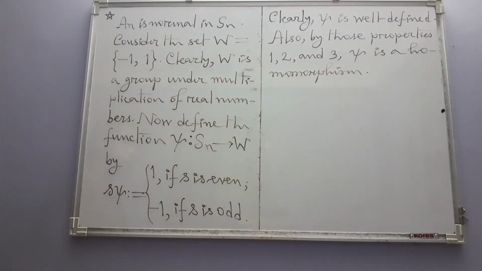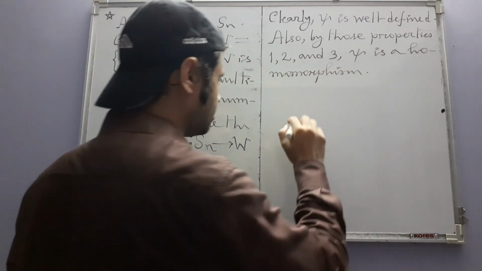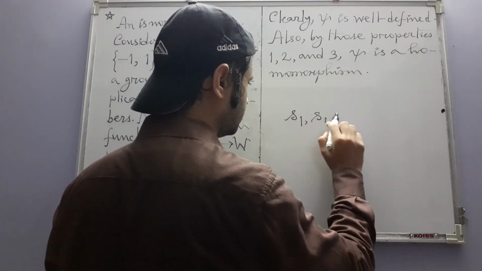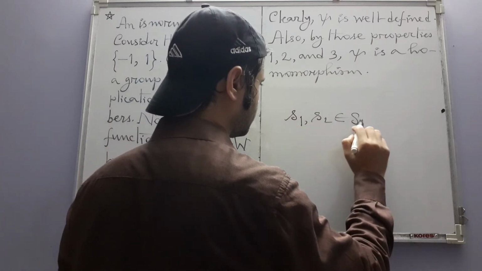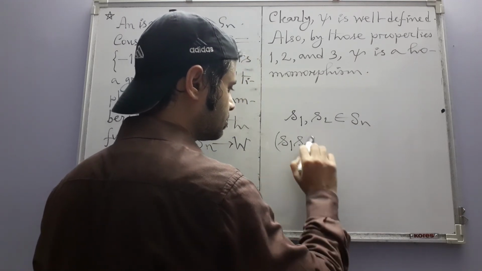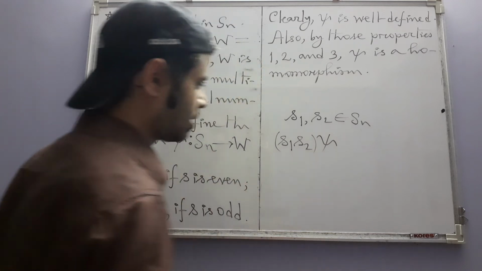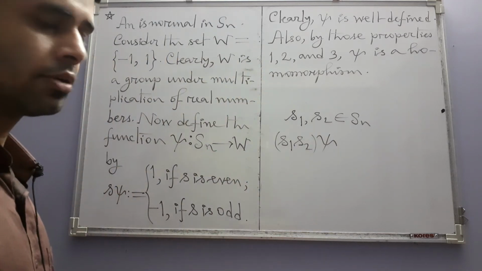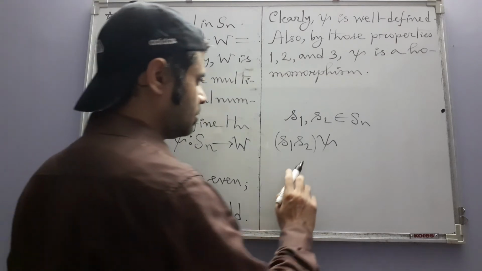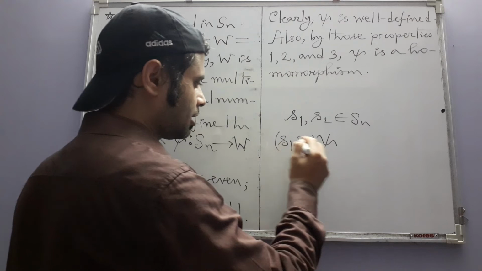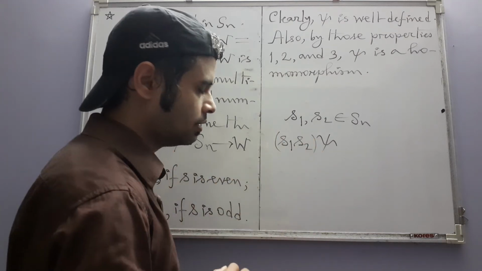Exactly how? You see, say you take two permutations S1 and S2. You take their product and you apply psi on it. Okay, we just see the calculation roughly. Now there are 4 cases. S1 and S2 are both even.